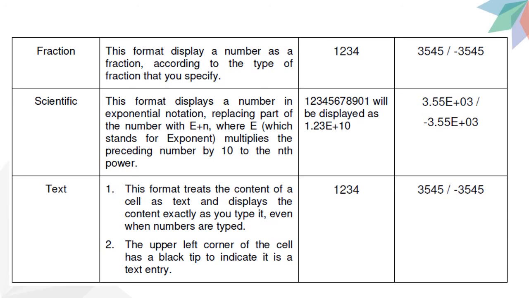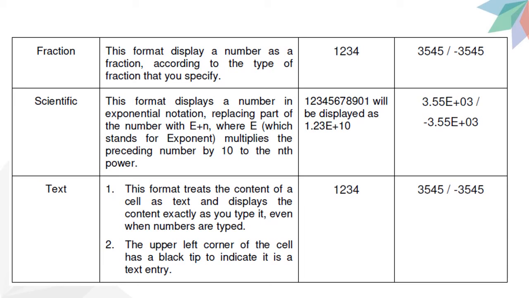The next format is the fraction format. This format displays a number as a fraction according to the type of fraction that you specify. The next format is the scientific format.